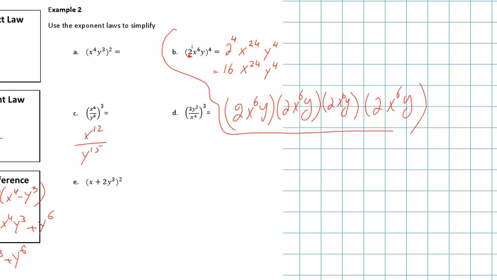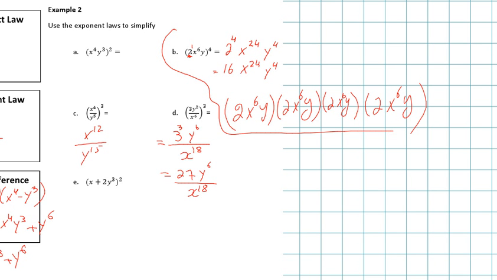It's not 9, because it's 3 to the power of 3. And then y^6, x^18. So it should be 27y^6 over x^18. And we stop here. There's nothing else you can do.